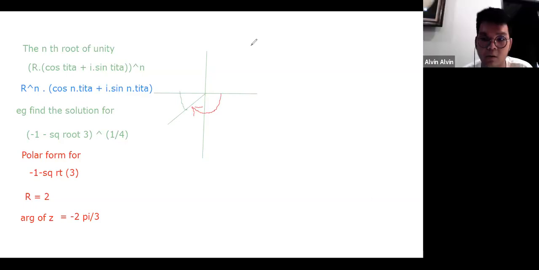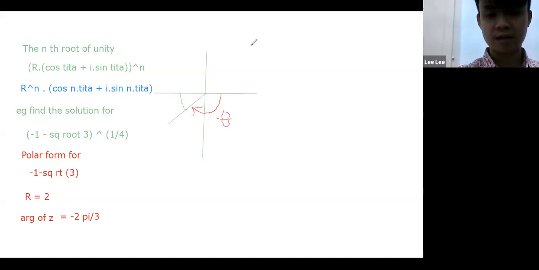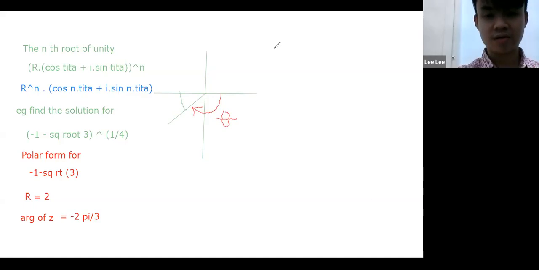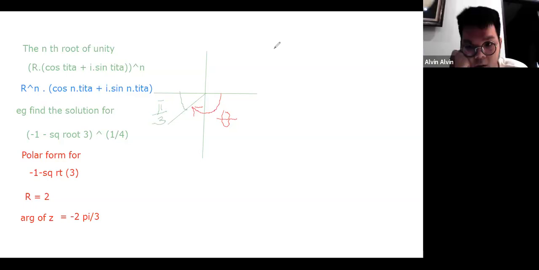If you want to find the green angle, use the tangent rule: tangent theta equals y over x. The green one, using a simple tangent rule, will give you pi over 3.